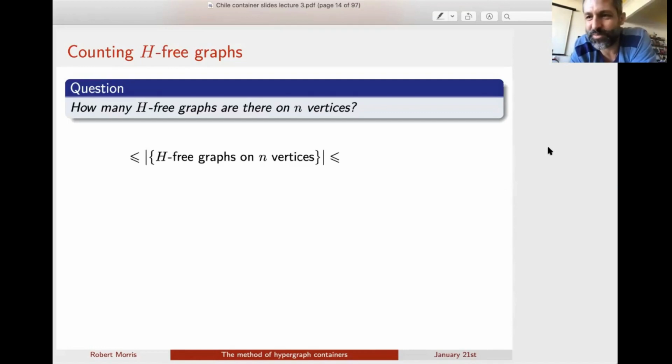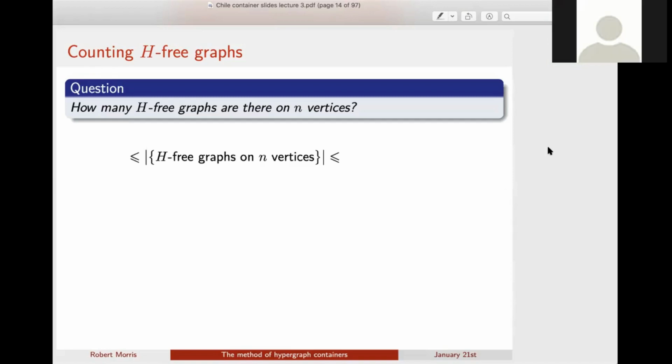The lower bound is perhaps easier. All graphs with fewer edges than H. Oh yeah, right, but we can do better than that. That's a lower bound, but you can do better.